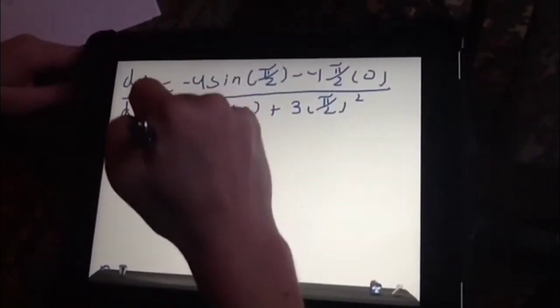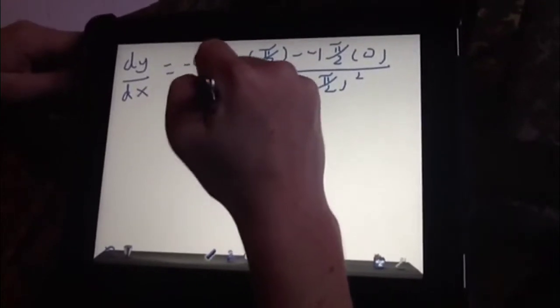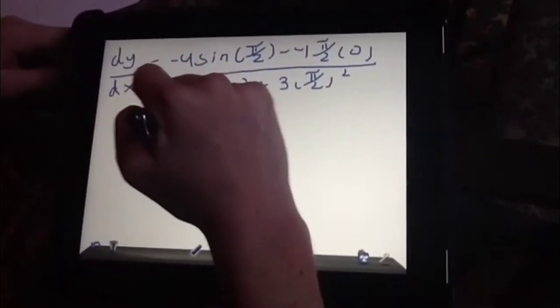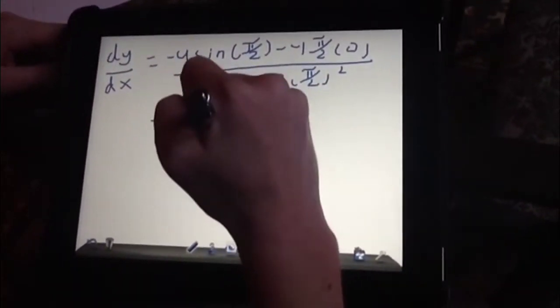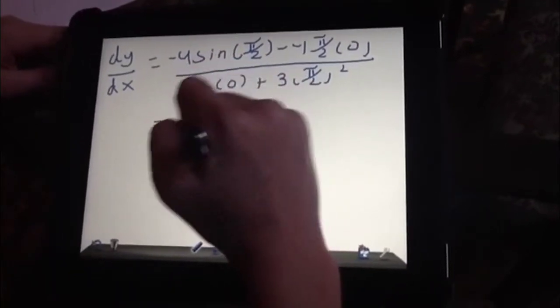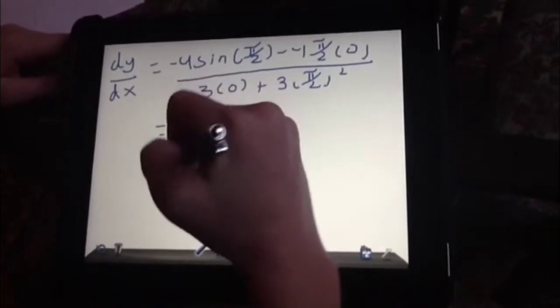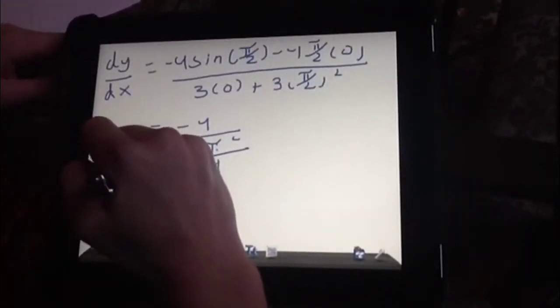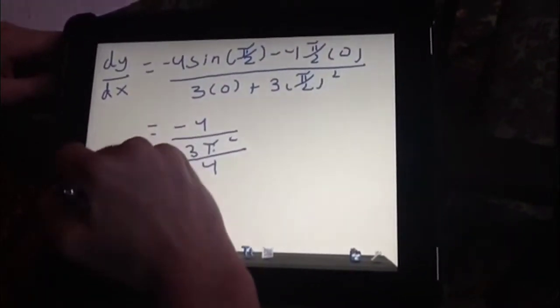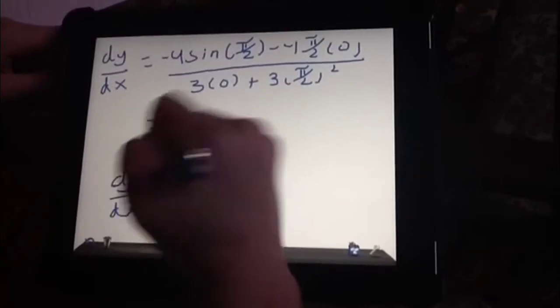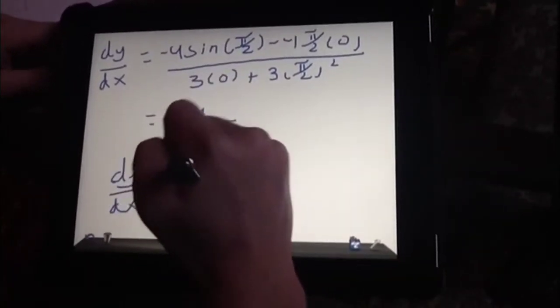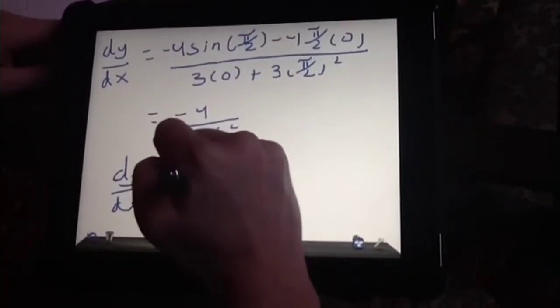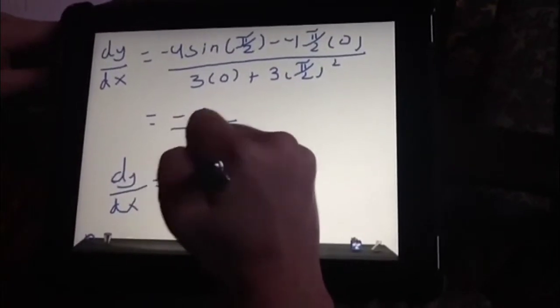This then becomes negative 4 over 3 pi squared over 4. Clearing compound fractions, dy over dx is equal to negative 16 over 3 pi squared.